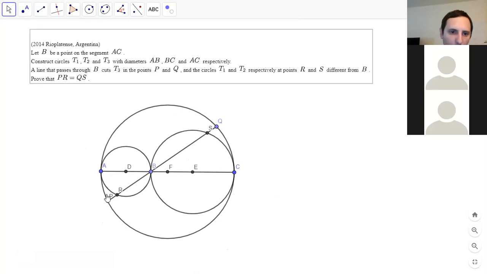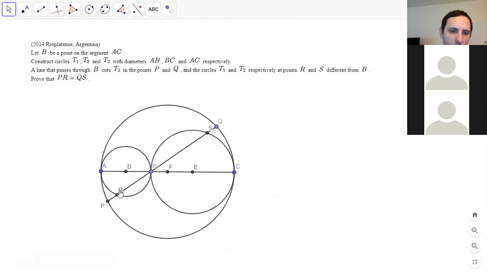How do we show R and S have the same power? Well, maybe we could show RF squared. I guess we just want to show FR is equal to FS. If we can show FR equals FS, that does it. And is that easy?